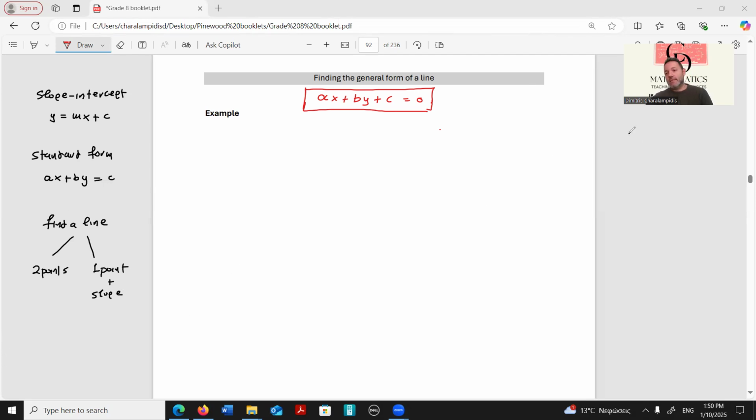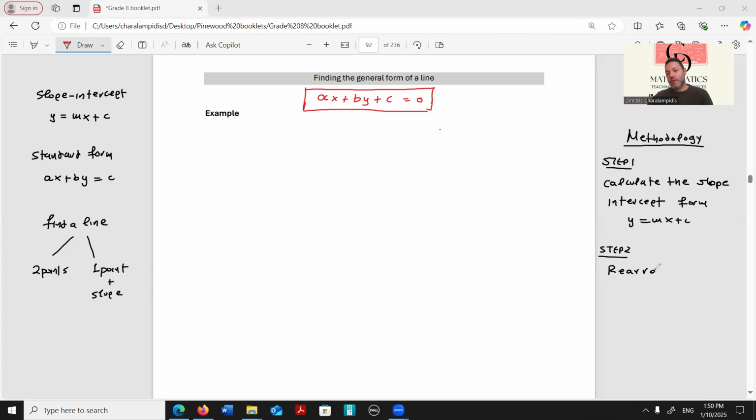As a suggested methodology, in step 1, we need to calculate the slope-intercept form, which is the form y equals mx plus c. And then in step 2, I should just do some rearranging.